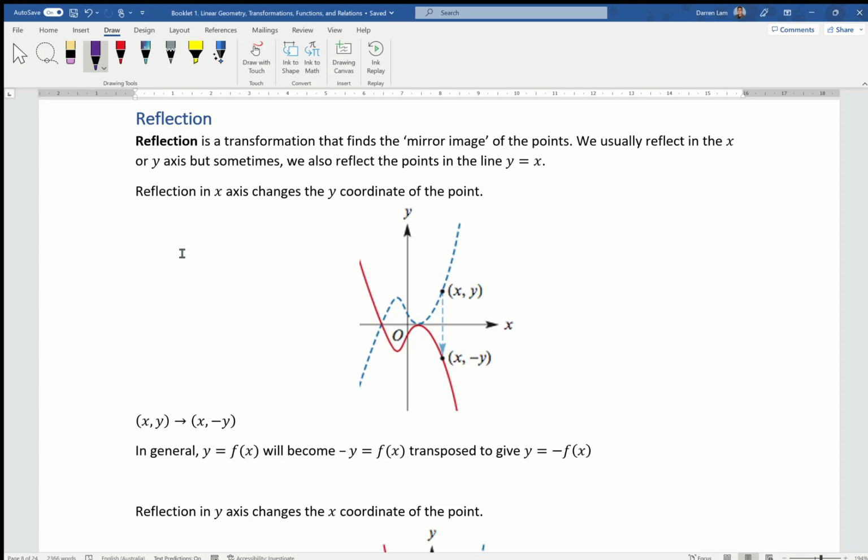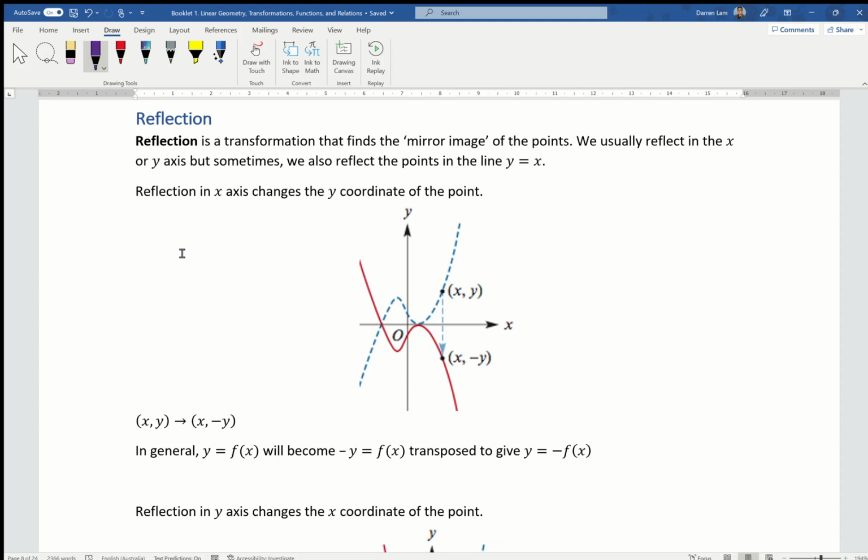Reflection in the x-axis. So the wording here is very important because I feel in transformations it's one of the most difficult things to remember. A reflection in the x-axis changes the y-coordinate. If I say reflection in the x-axis, you treat the x-axis like a mirror.